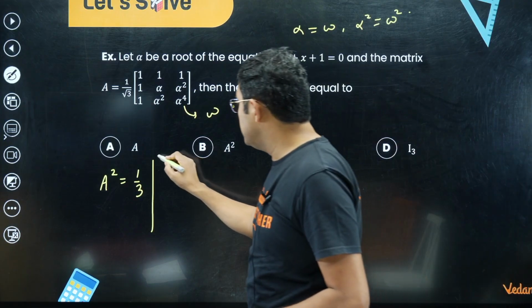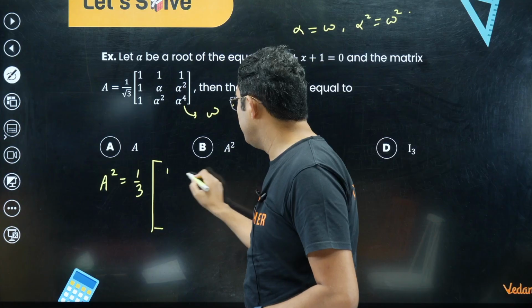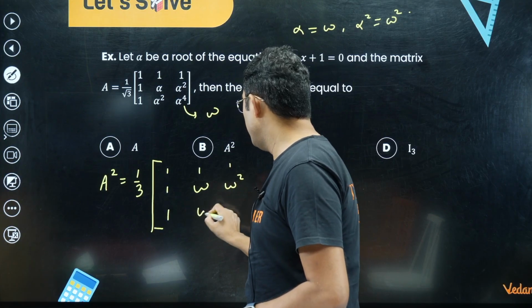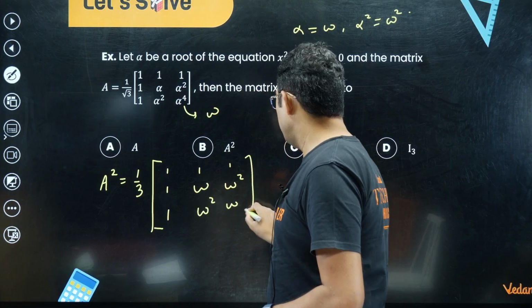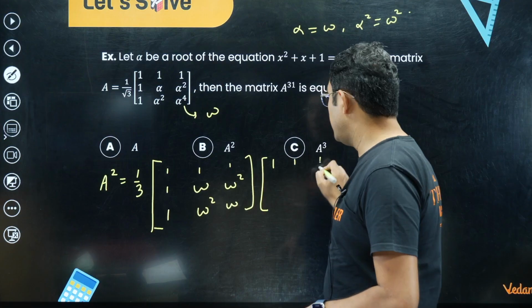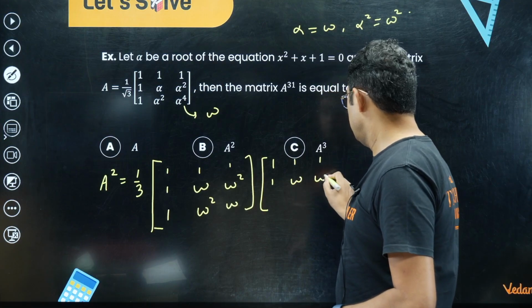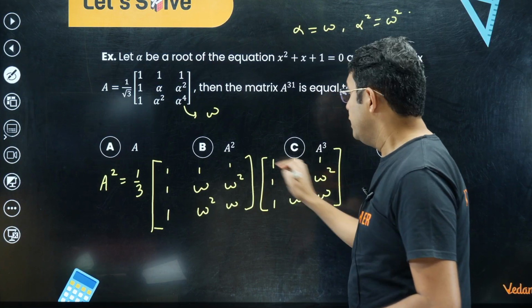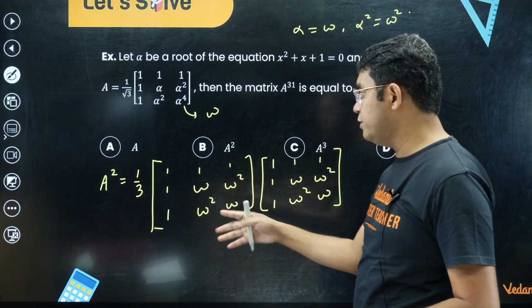and this alpha square will be omega square, obviously. So this will be equal to 1 1 1 1 omega omega square, 1 omega square and omega, and multiplied with 1 1 1 1 omega omega square, 1 omega square and omega. 1 by root 3 multiplied with 1 by root 3 gives you 1 by 3.